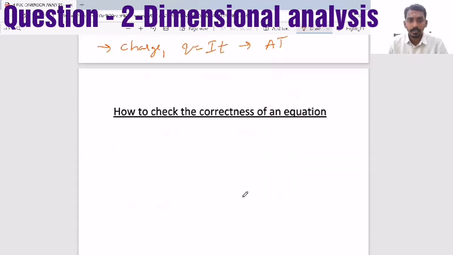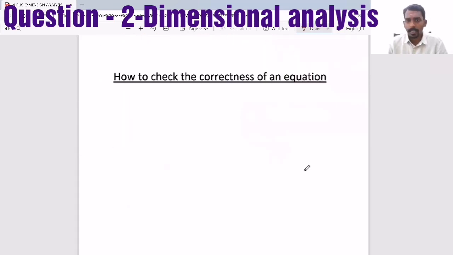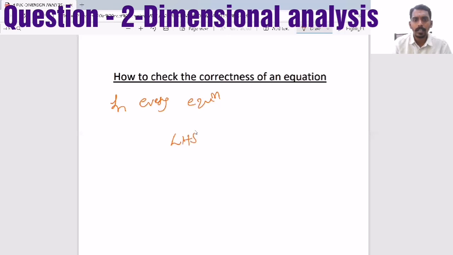The main type of question they will ask is how to check the correctness of an equation. In every physics equation, the LHS dimension must be equal to the RHS.